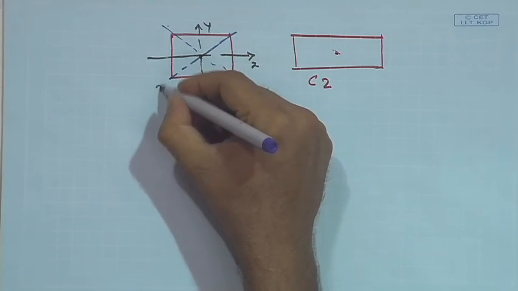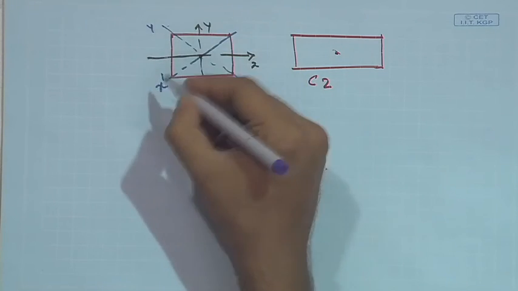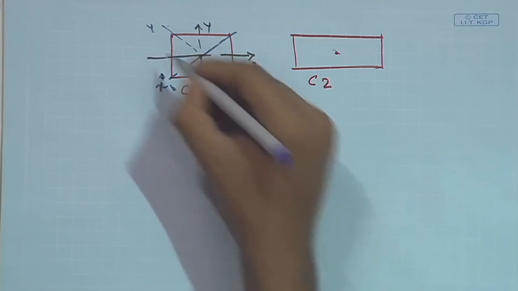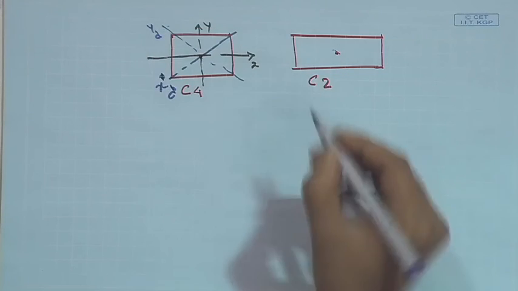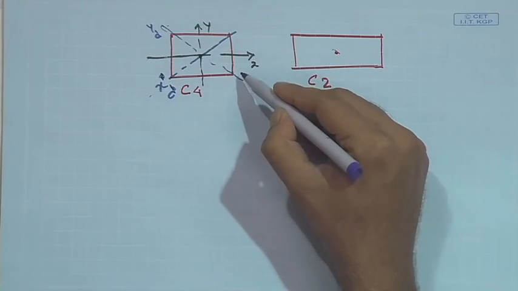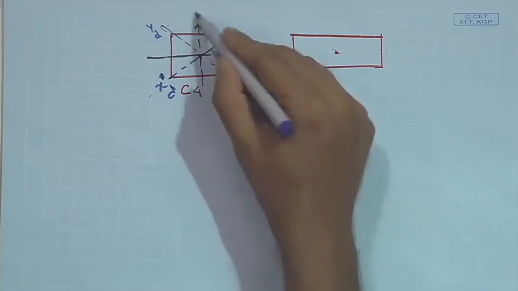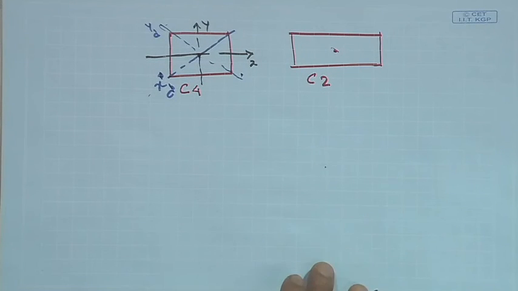So, you can have either x and y, or rather let us call them x diagonal and y diagonal. Either you can take this as your symmetry axis or you can take this as your symmetry axis, both will serve the purpose.